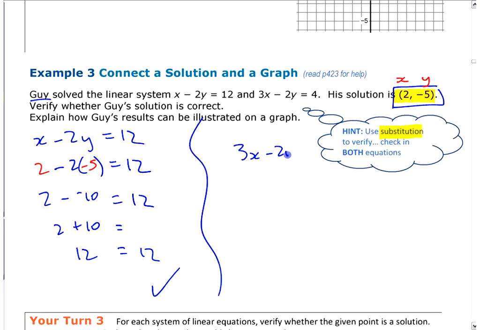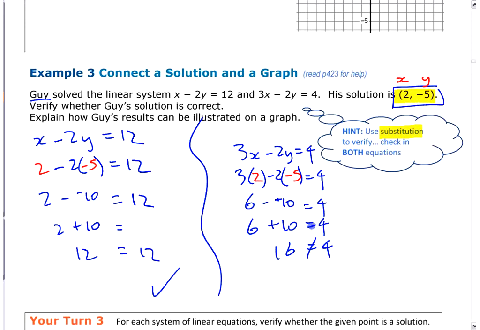3x minus 2y equals 4. If you try those numbers in there, so if you try 2, negative 5 there, and you're trying to see if they work, just work out the rest of it here, right? Does that equal 4? 6 minus negative 10, 6 plus 10, in other words. That definitely does not equal.